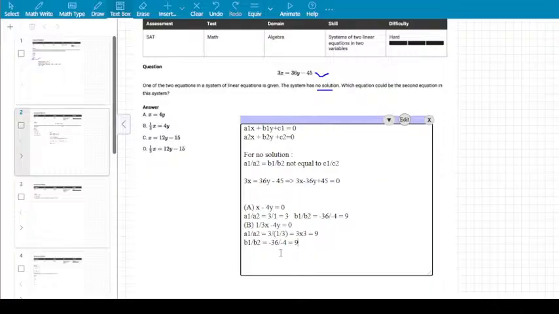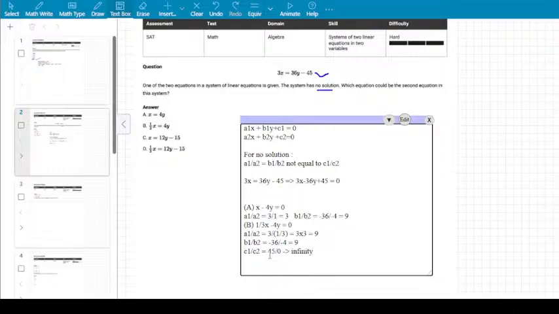So here a1 by a2 and b1 by b2 are same, so one of the conditions is holding. Now we'll check c1 by c2 to make sure it's not equal. So c1 by c2 is equal to 45, and here we have 0. So this is an undefined form, so this will tend to infinity.